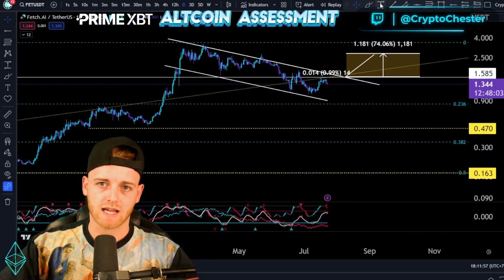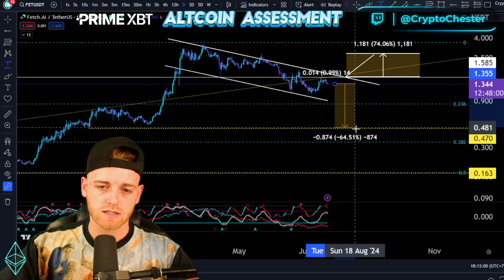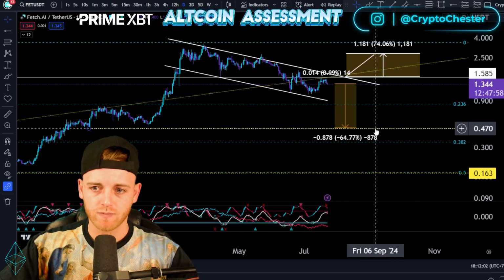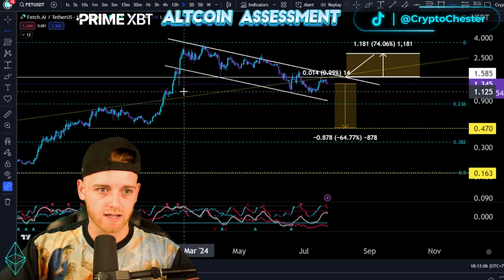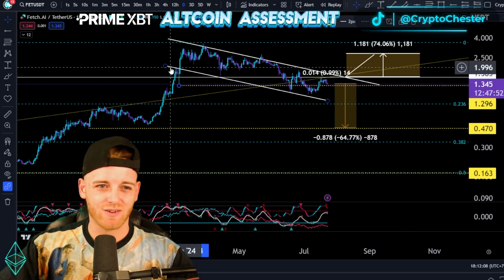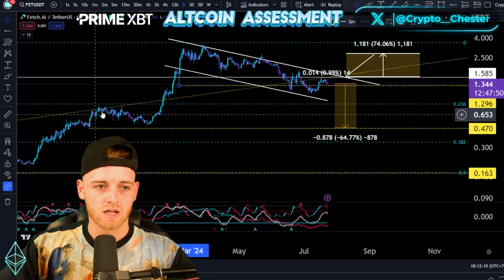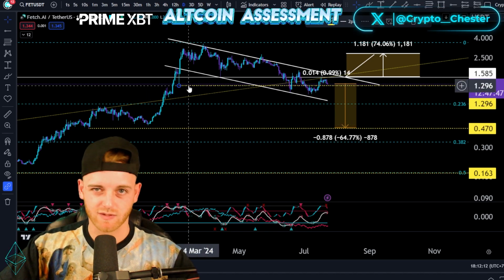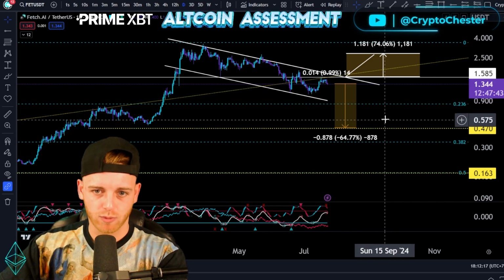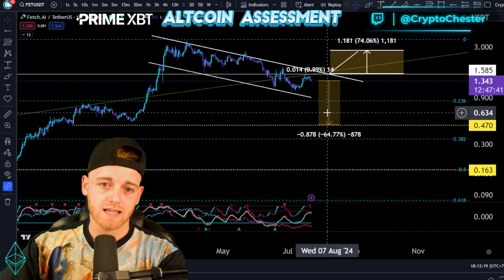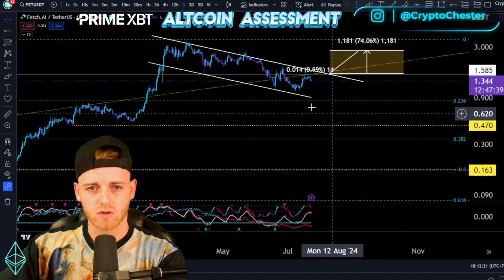So if the markets do tank, as long as we're above this level, 47 cents, then we are still going to be bullish. You could say there's higher lows dotted along here, but they're not that valid in terms of a long consolidatory period, in terms of a nice lengthy pullback, right? So that wouldn't be the most valid point in the world. But what I would say here is, even if we do pull back 64%, we're still going to be bullish.